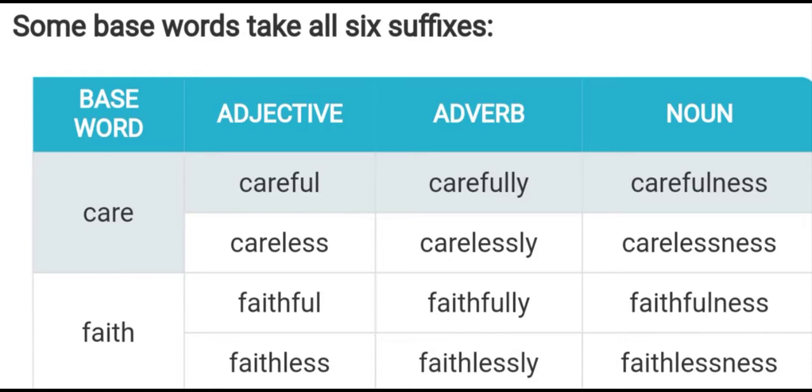Similarly, faith, faithful, faithless, faithfully, faithlessly, faithfulness, faithlessness. Clear? When we use these words, it must be clear to us what this word gives to the listener, to the person to whom we are speaking.